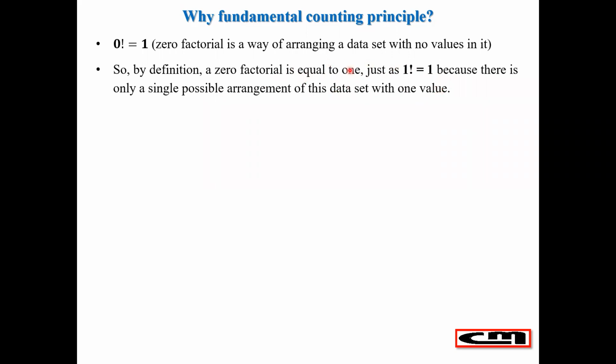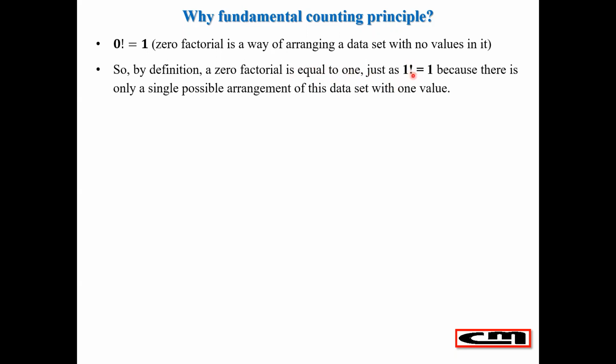So if we have a data set with only 1 element and an empty set, we are simply saying the ways we can arrange an empty set is only one way, because we'll get an empty set. The ways we can arrange a set with only 1 element, we can only arrange it as 1 element.